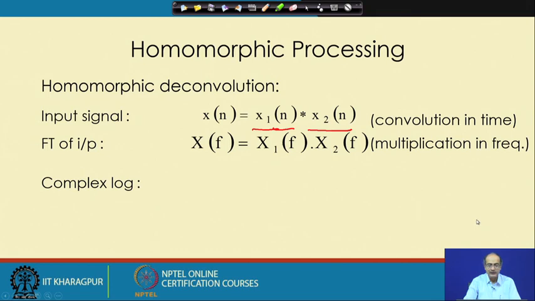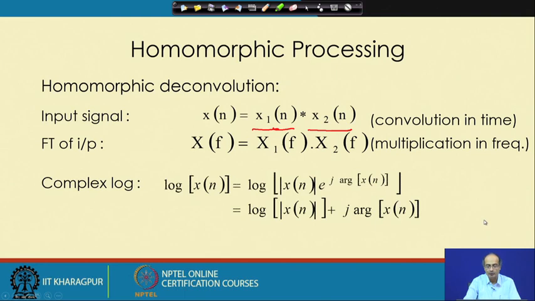Here, to separate these multiplicative components, we need to take the complex log of the complex quantity. If we take the log, then we can separate the real and the imaginary part of it: the real part would be the log of the absolute value, or the modulus, and the imaginary part would be the complex angle.